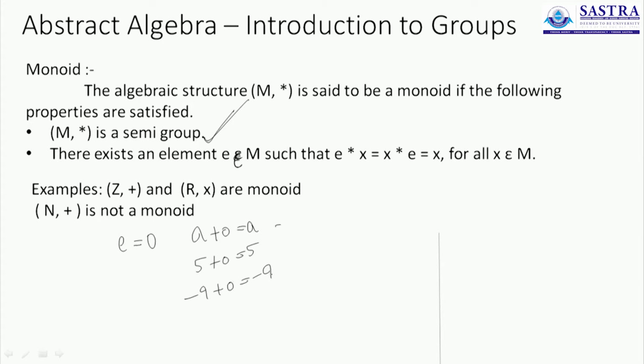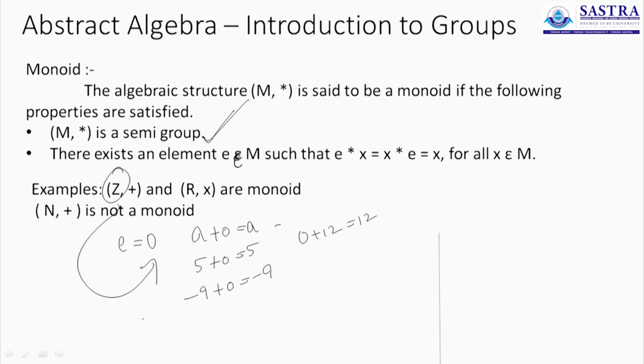So, I operate any element in any order: 0 plus 12 is 12, 12 plus 0 is 12. I get back the required element. Therefore, this set Z contains the special element 0 and hence the set of all integers actually forms a monoid under addition.